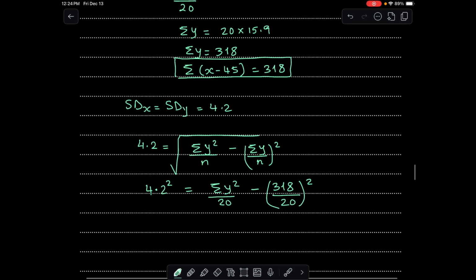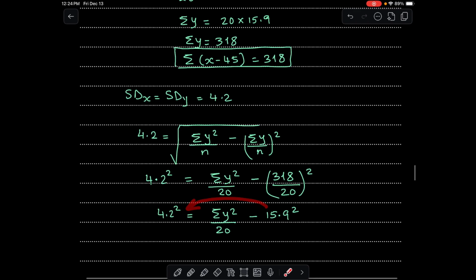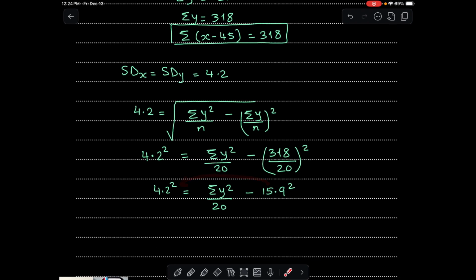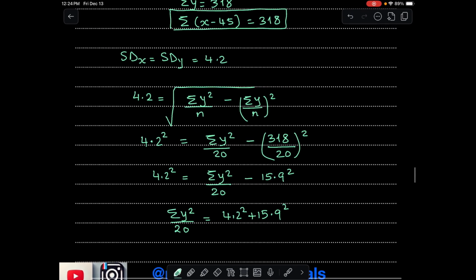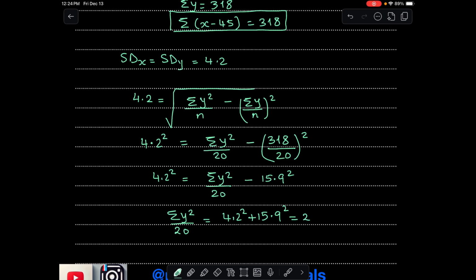So this works out to be 4.2 square equal to sum of y square over 20 minus 15.9 square. Let us add 15.9 square on both sides, or you can say that move it to the other side. So you're going to get sum of y square over 20 is equal to 4.2 square plus 15.9 square, and this works out to be equal to 270.45.